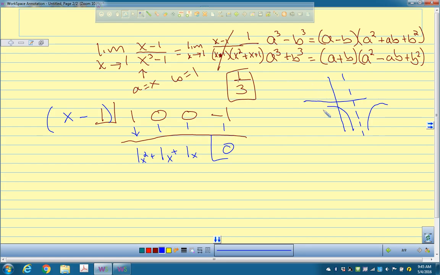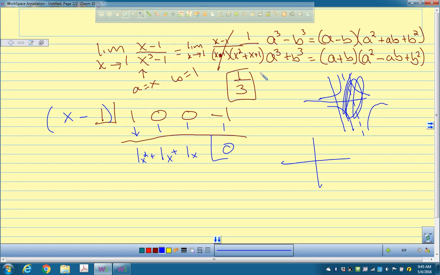Oh, I think it goes this way. Does it look something like that thing I have on the top? Oh, wait, I'm wrong, okay? I have a hole at 1. So 1 over x squared, I'm not sure what that looks like.